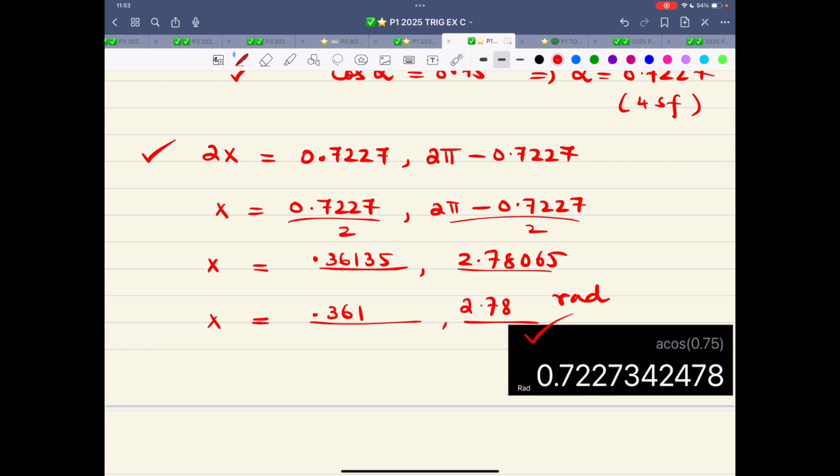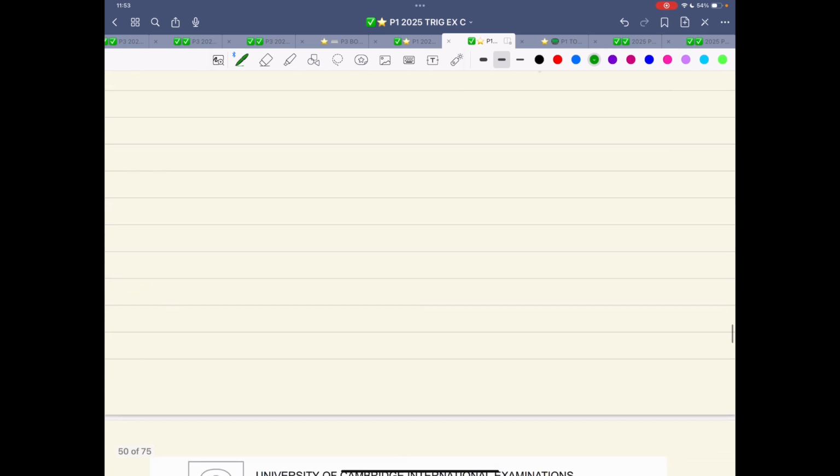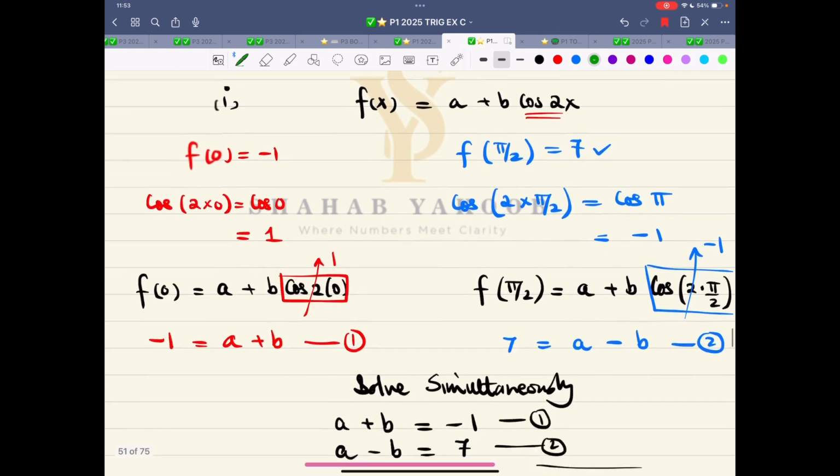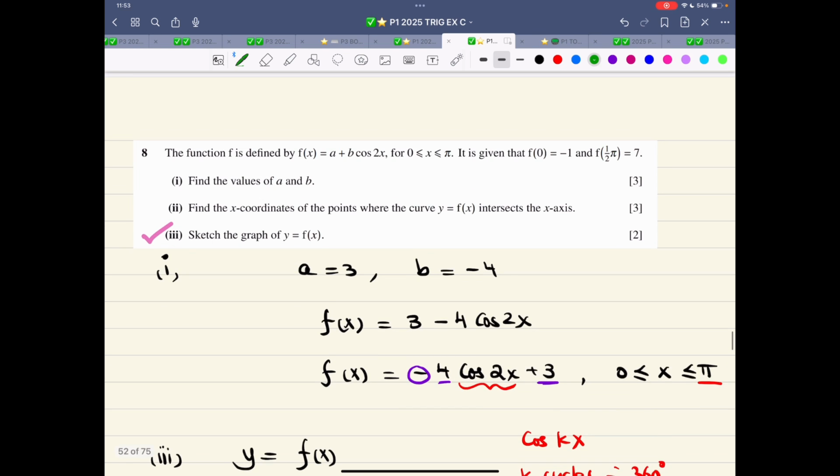So these are the two answers. No harm in double checking. 0.361, that is also 3 SF. 2.78, that is also 3 SF. And 0.361 and 2.78, so that is the answer, unless there is a different level of accuracy, which is not the case.